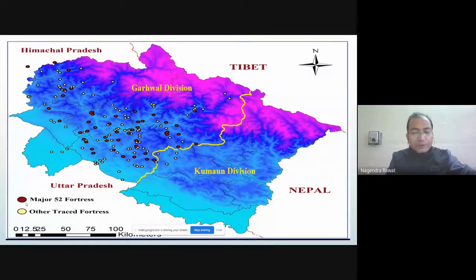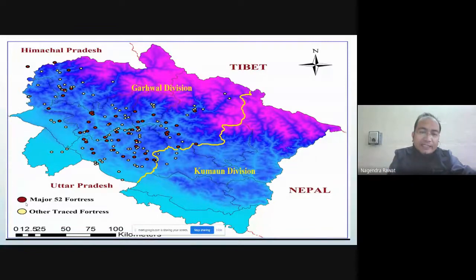Like the map which you are seeing on your screen, all these dots are medieval forts or fortalices, some major, some minor. But all these are located at the precise location where you are seeing those dots on your screen. So all these data were collected by using GPS.